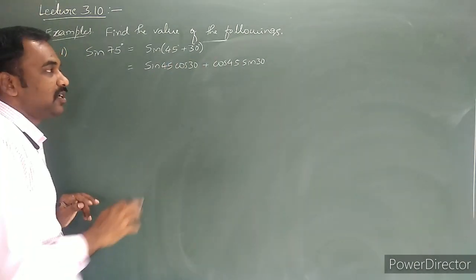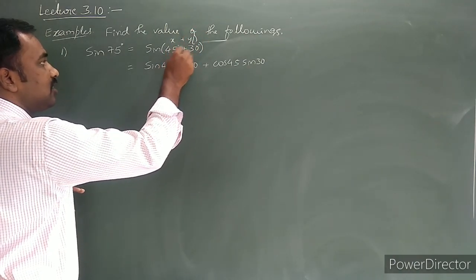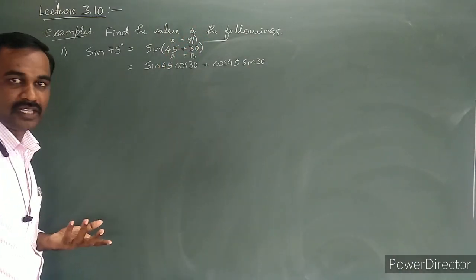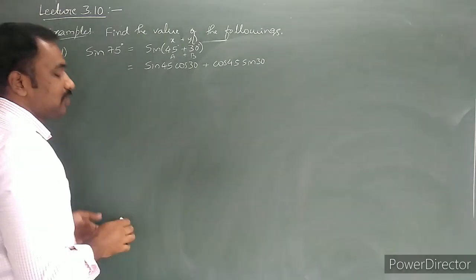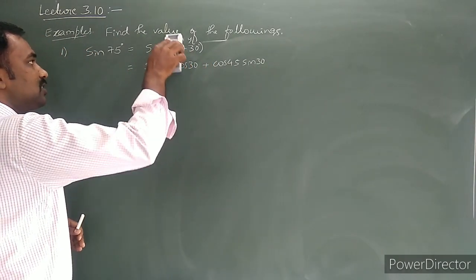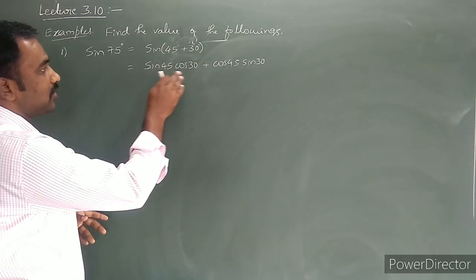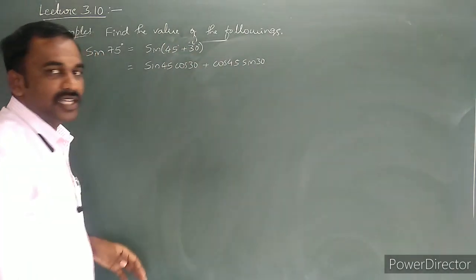You must remember it. So it is of the form sine of x plus y, or sine of a plus b, whichever way you remember it. Using this formula, I replace the result. We already know the standard values of sine 45, cos 30, cos 45, sine 30.